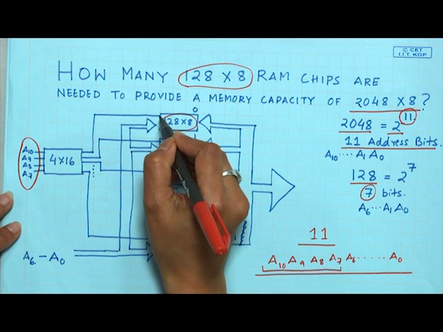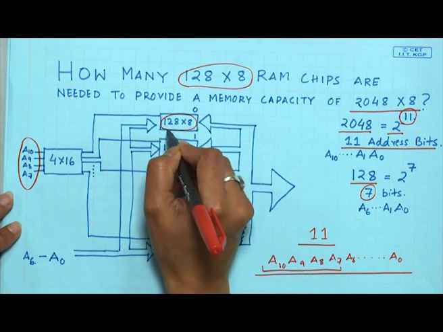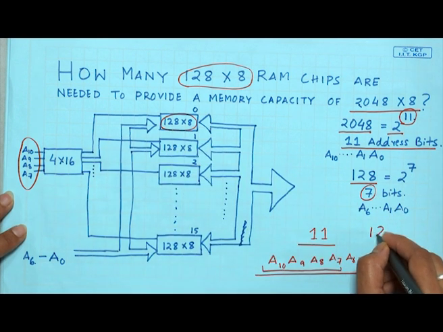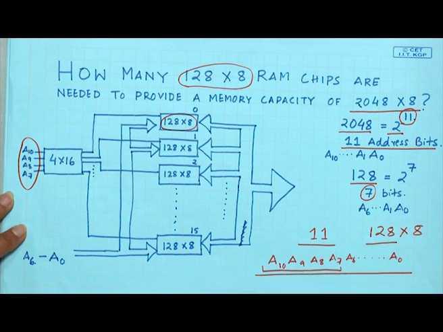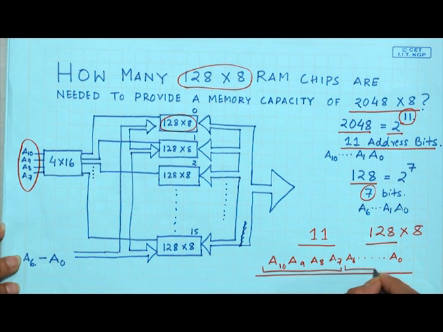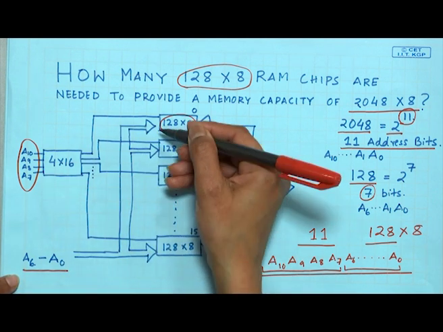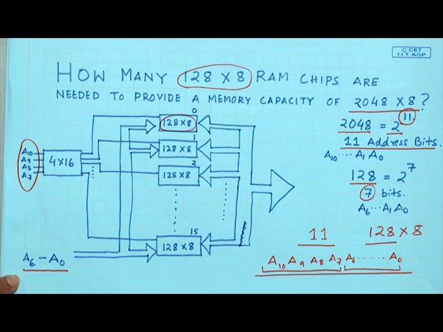Now see how the individual chip is organized. It is organized as 128 cross 8, 128 being 2 to the power 7. So, the lower order 7 bits, that is A0 to A6, will be connected to all the chips.